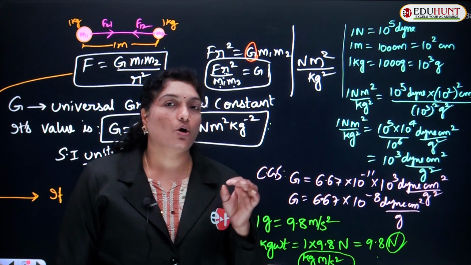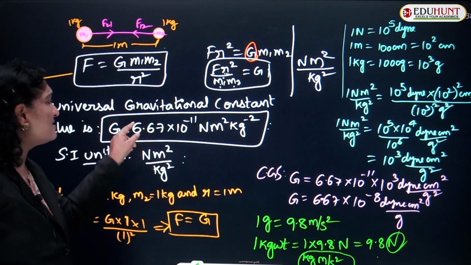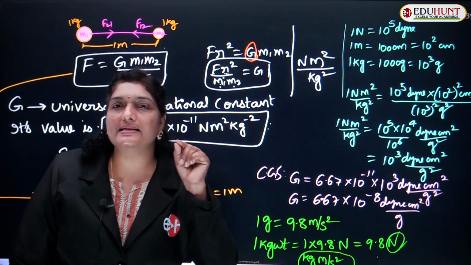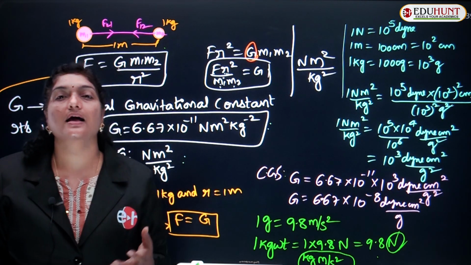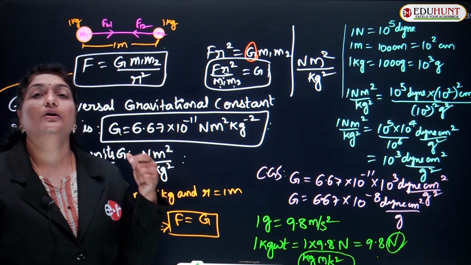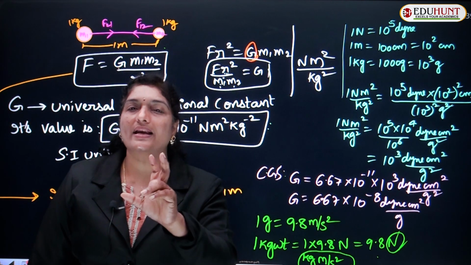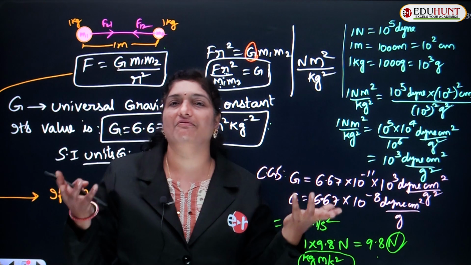Always remember, children, the value of the universal gravitational constant is 6.67 × 10^-11. The 10 power minus 11 indicates that it is a very, very small value. Hence, as the value of the universal gravitational constant is very small, we can conclude that gravitational force is a very weak force.